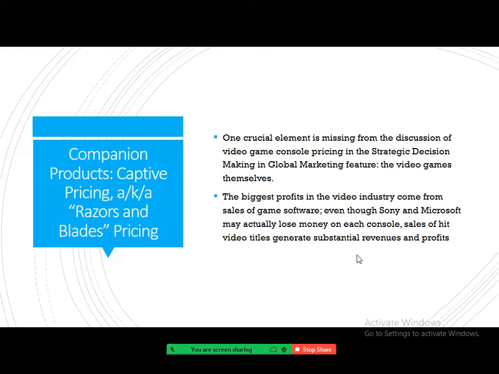Companion products pricing has long been a preferred strategy of Vodafone, AT&T, and other cellular service providers. They buy handsets at prices set by Motorola, Nokia, and other manufacturers, and they subsidize the cost by offering significant discounts or even free handsets to subscribers who sign long-term contracts.